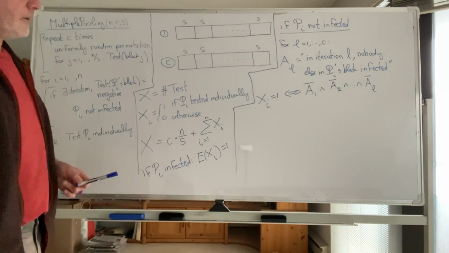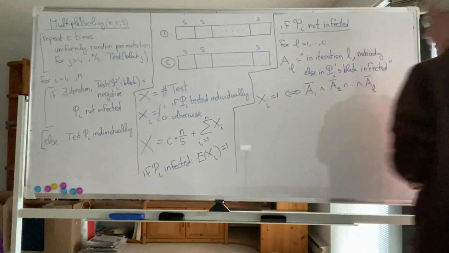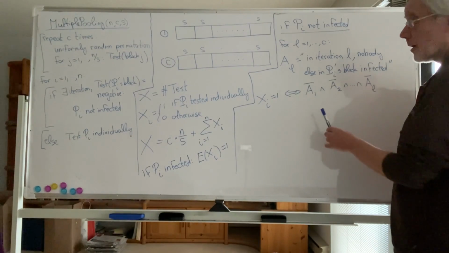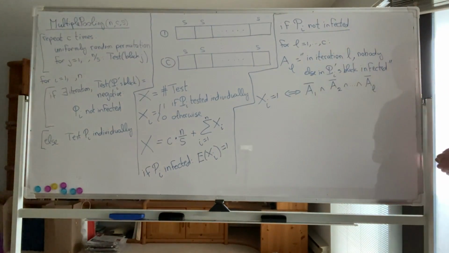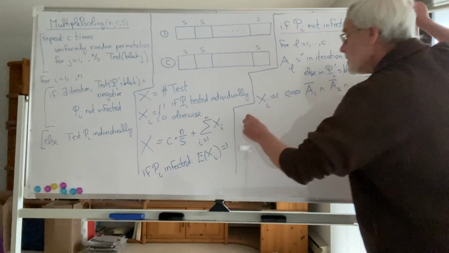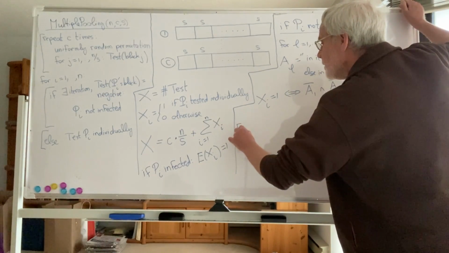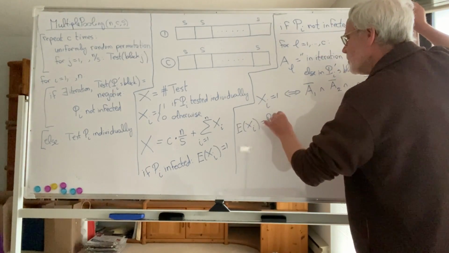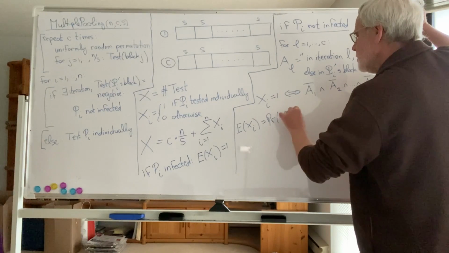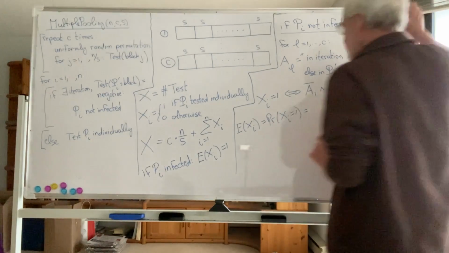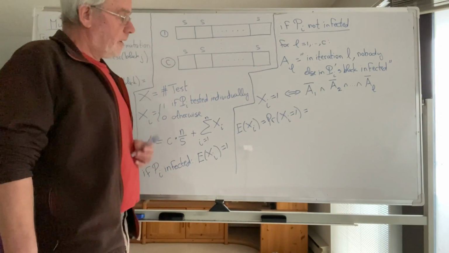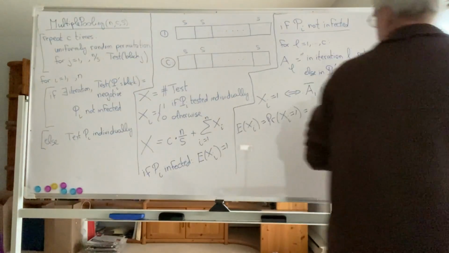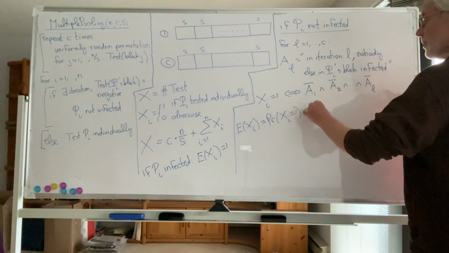Okay, so Xi is 1 exactly when A1 bar is true, A2 bar is true, up to Ac bar is true. And that means that the expected value of Xi, as always, is the probability that Xi equals 1. And this is the probability, well, Xi is 1 is equivalent to what you see on the right hand side, so I just copy this here.